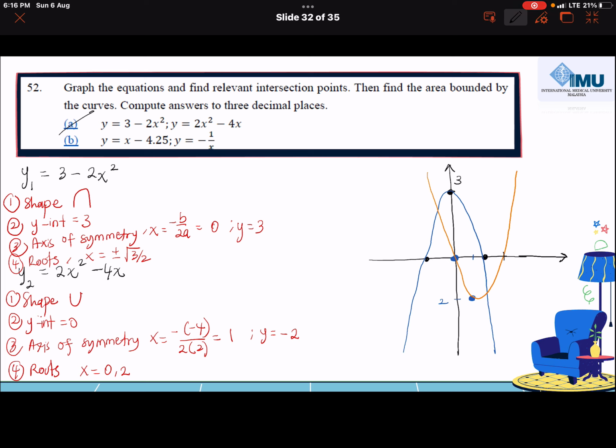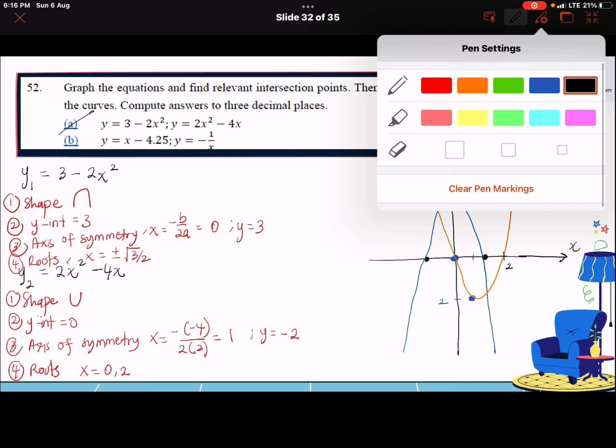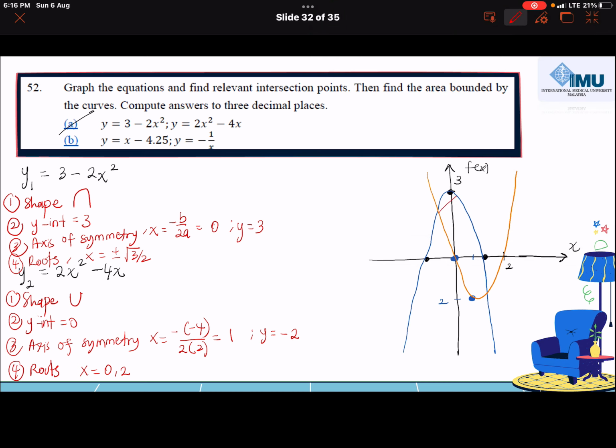The value of +2 will be here. Yes, now it looks much better. Now you notice, we have done the sketching of your y1 and y2. Let's look into the area bounded by these two curves. See? Yes, the area bounded by these two curves is the red color region.